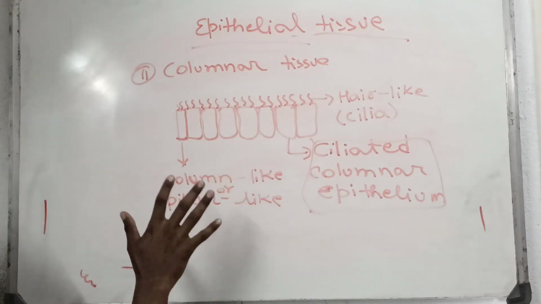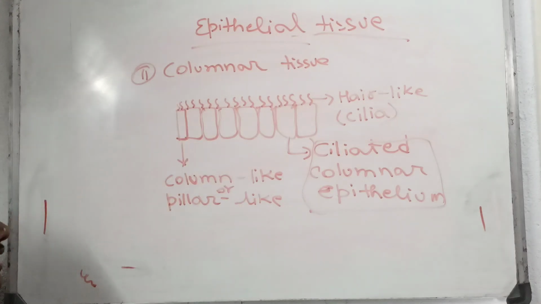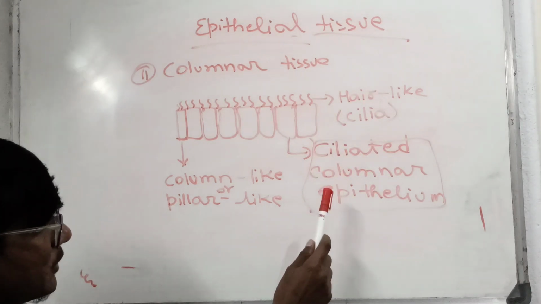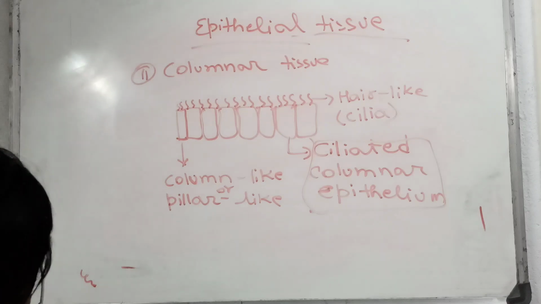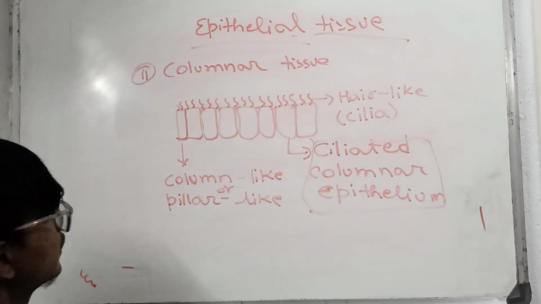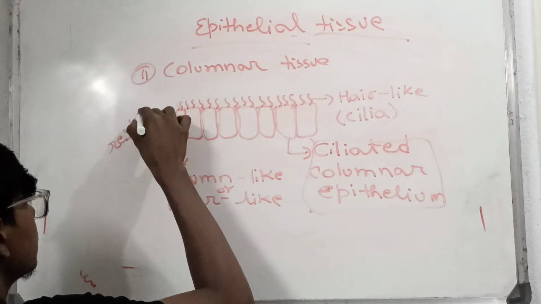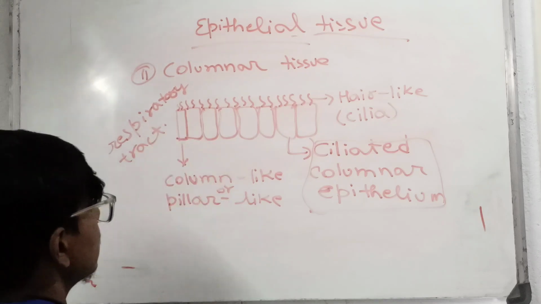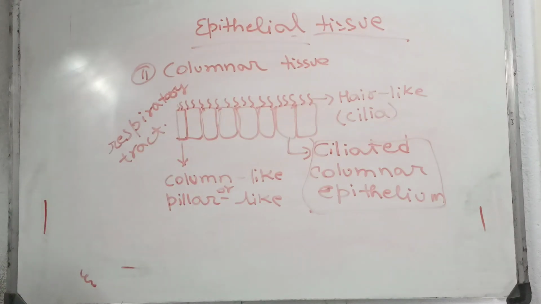Some cells present in the body have the cilia on the surface, that hair-like structure, and the name given is ciliated columnar epithelium. Where is this present? You can see this in the respiratory tract. Some more places are there, like in the intestine, where for the absorption and secretion process this columnar tissue is present.